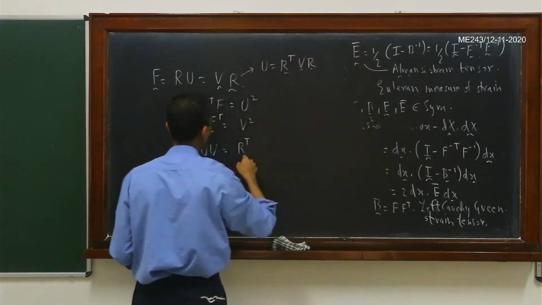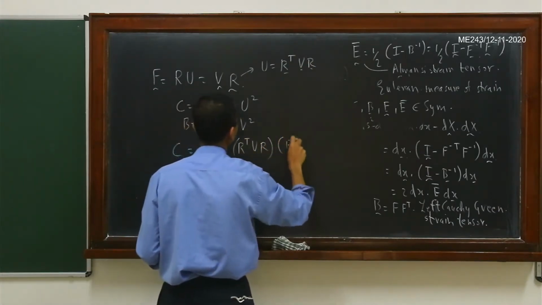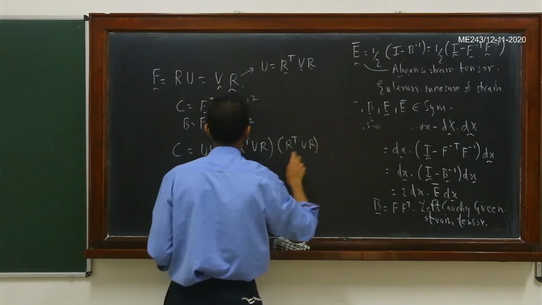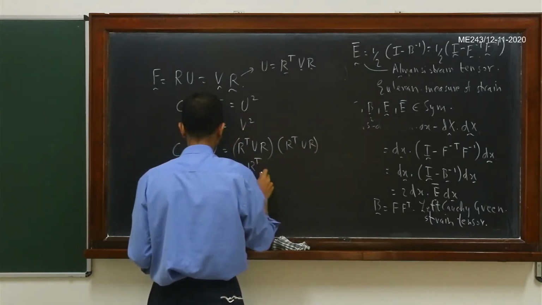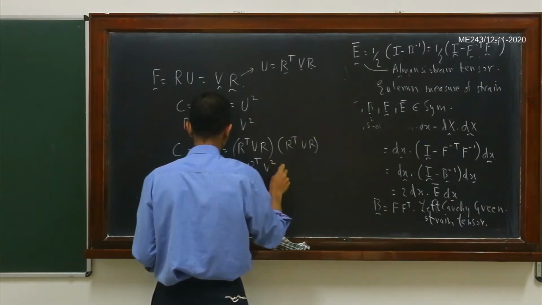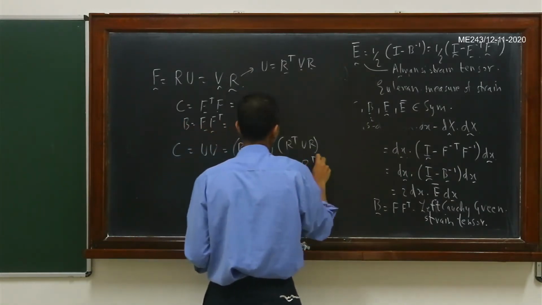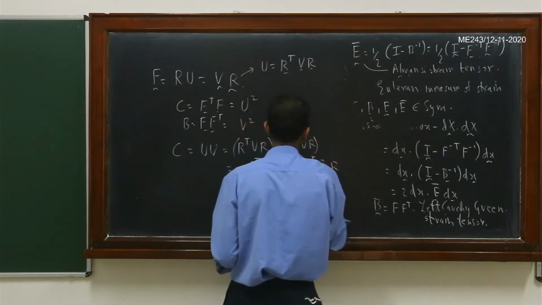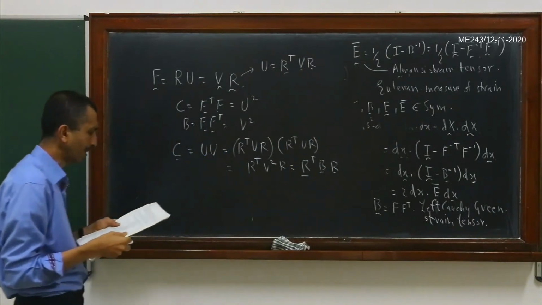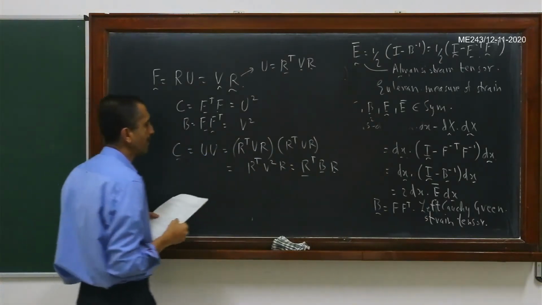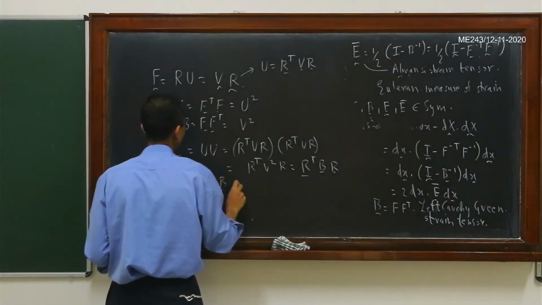If you substitute that, that will give us R transpose times V square times R, which is equal to R transpose times B times R. So the tensors C and B are orthogonally equivalent. That means they have the same eigenvalues.